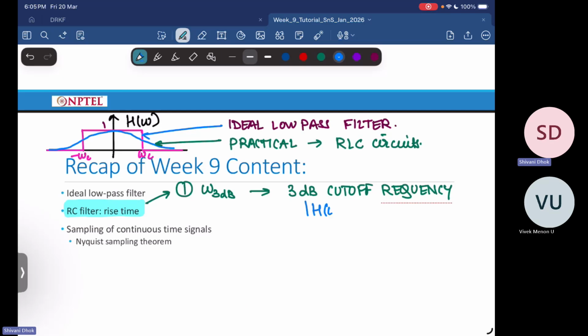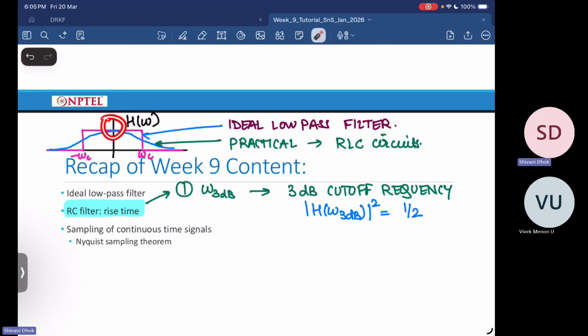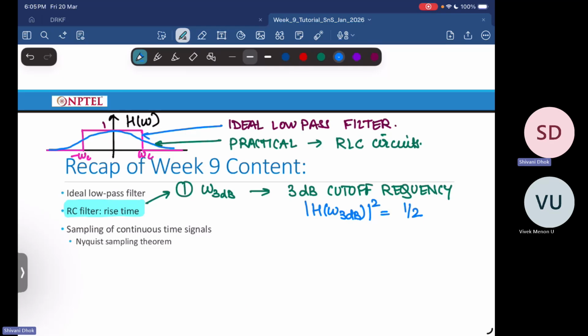At this particular frequency, the magnitude of your filter transfer function is half. If you convert half to a decibel scale, it corresponds to minus 3 dB, and because of that you get a 3 dB loss.